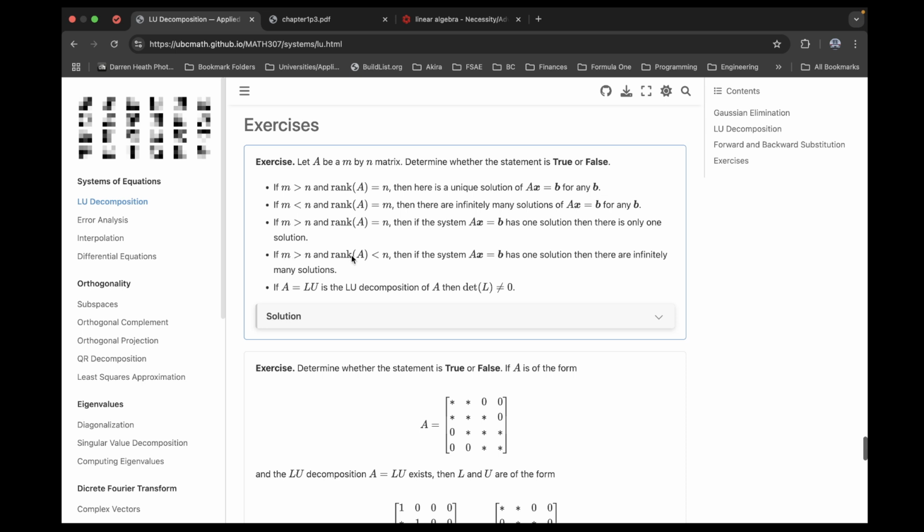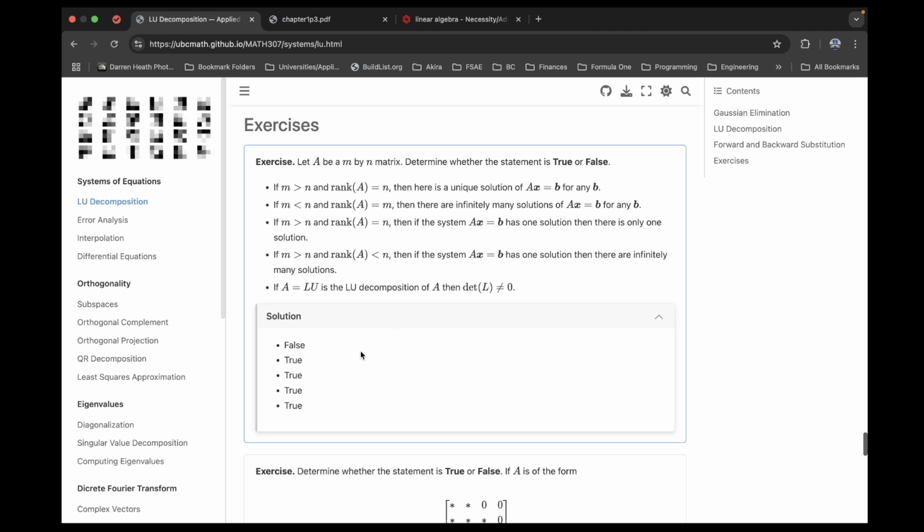If m is bigger than n, I think false. Okay, we got A right, B right, C wrong, D wrong. But we got A, B, C, D, E right.